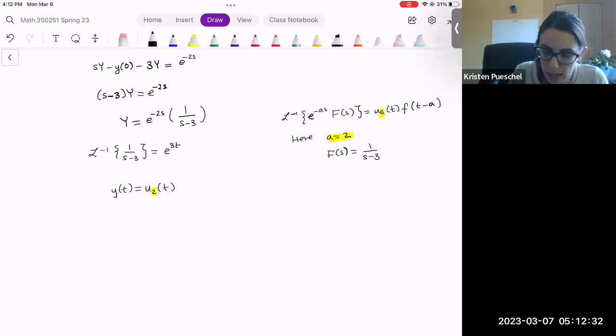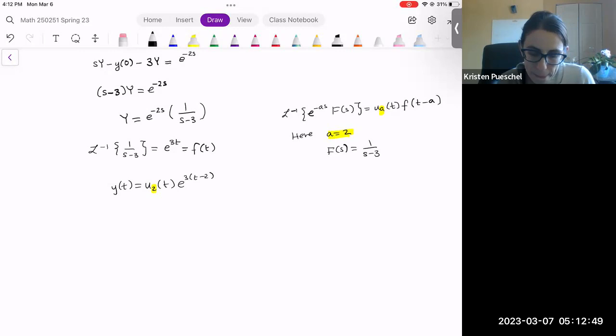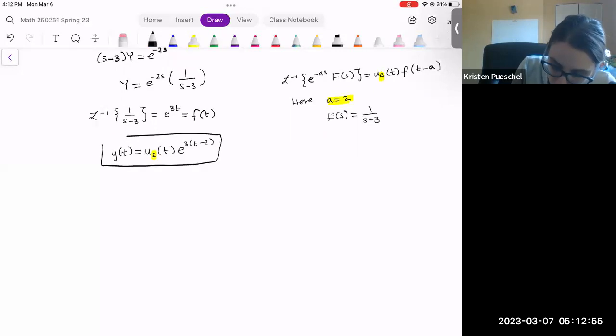And then we're going to take our f of t, which was this inverse Laplace transform of 1 over s minus 3. And we're going to shift it to the right by 2. So every time we see a t, we're going to write t minus 2. Okie dokie. And so this is our function.